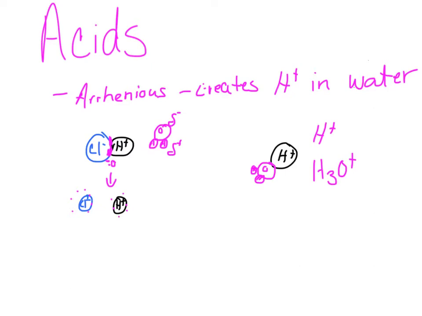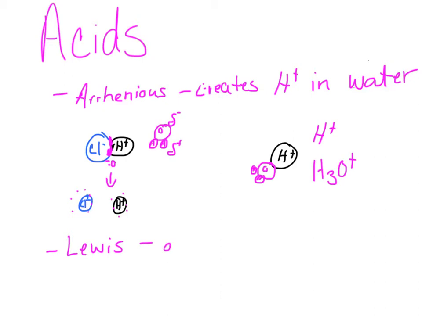So our other definition that we have is a Lewis acid. And this one is a little more broad. Arrhenius locks us into requiring this H plus, and so Lewis took a step back and said, is there any way we could make this more general so that it fits all acids, and not like 99% of them like the Arrhenius definition does.